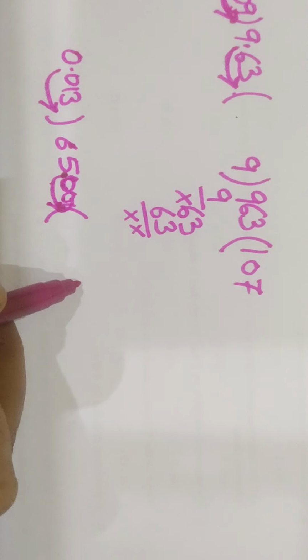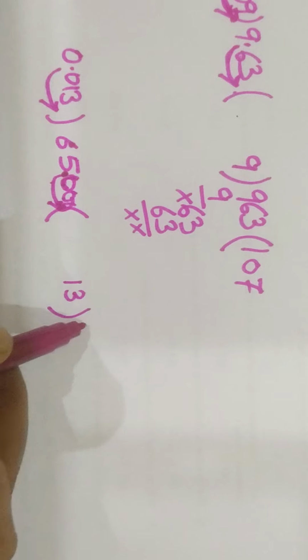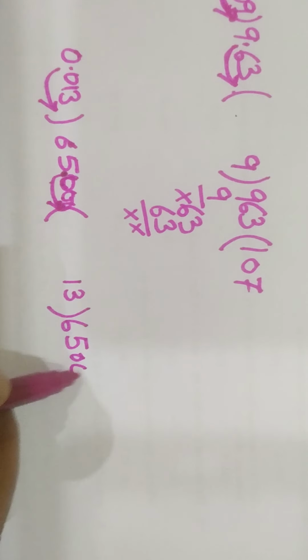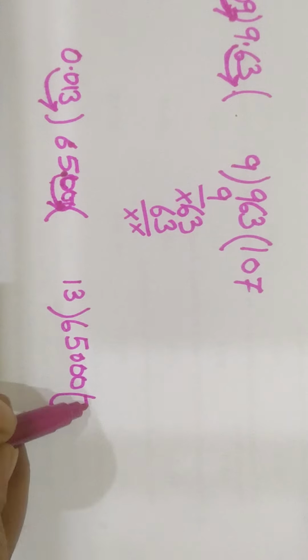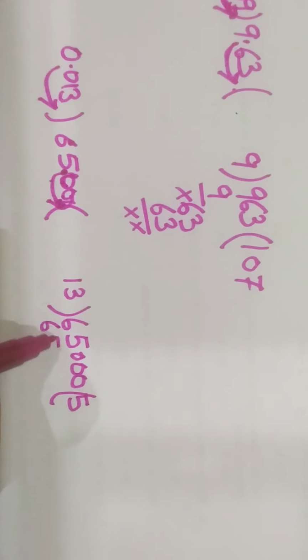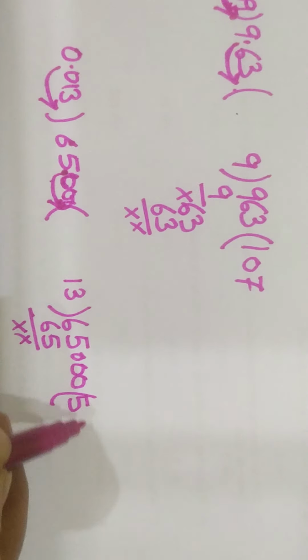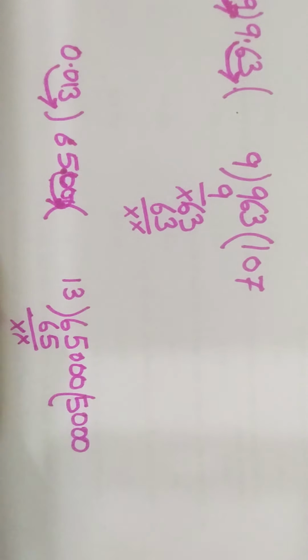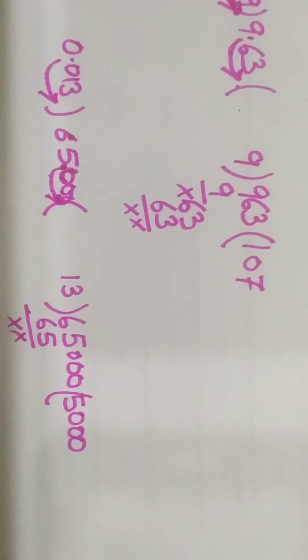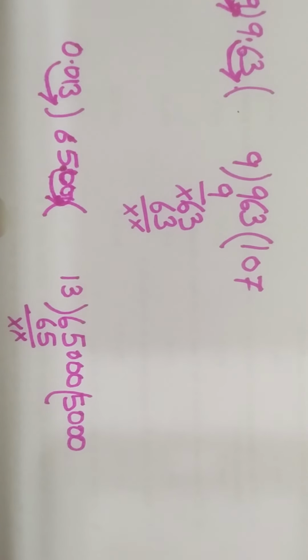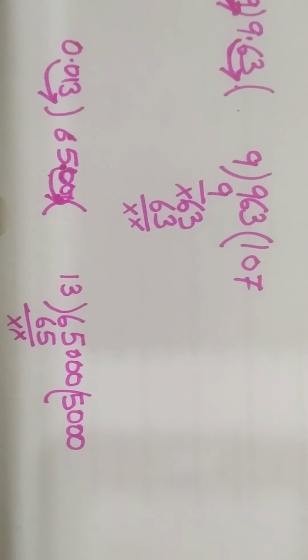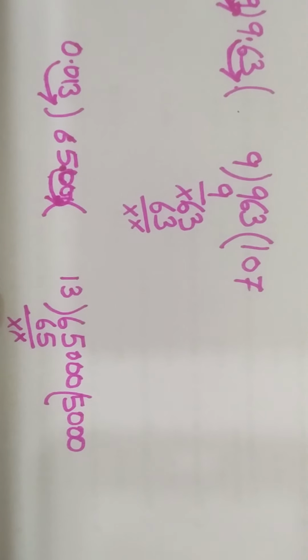So for sliding 3 places we have to put 3 zeros here. So this number will now become 13 divided by 65,000. Now we can divide it as simple division and we put here 3 zeros. So this is the second way of dividing the decimal number by sliding the decimals to the right of the number.